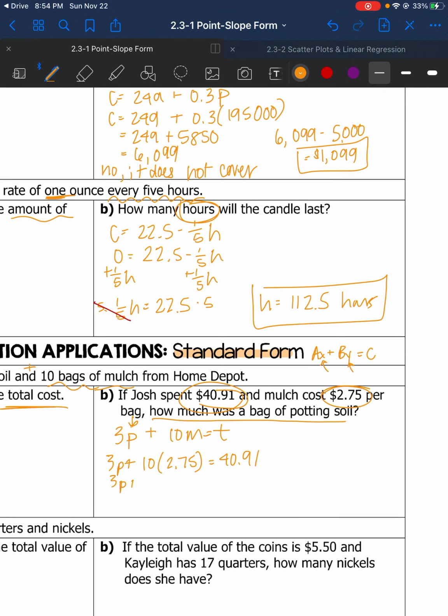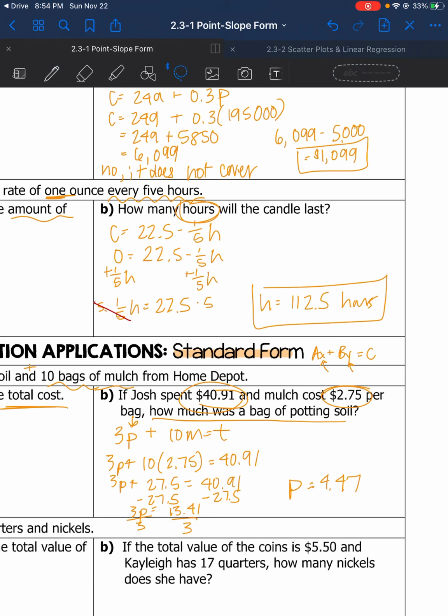And now we just solve. So 3P plus 27.5 is equal to 40.91. We'll subtract 27.5 from both sides. Then we get 3P is equal to 13.41. We'll divide by 3. We get P is equal to 4.47.